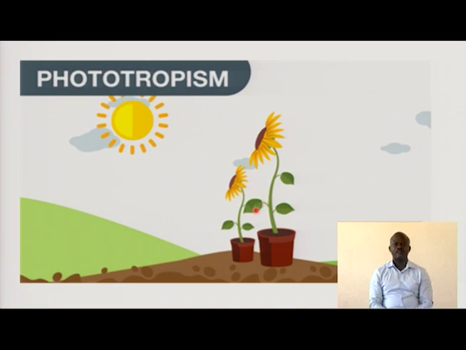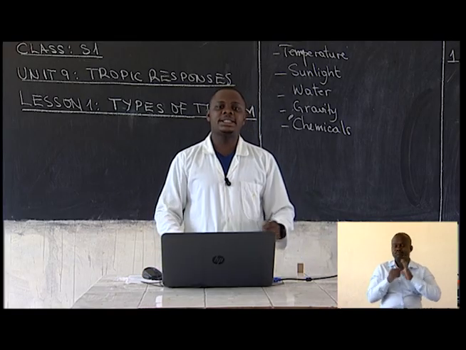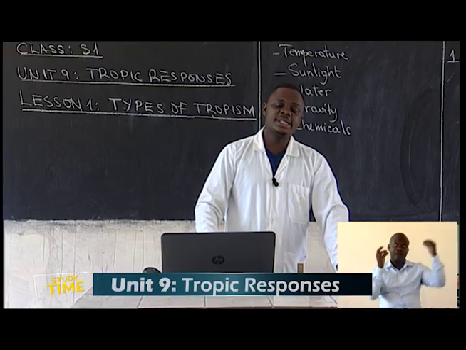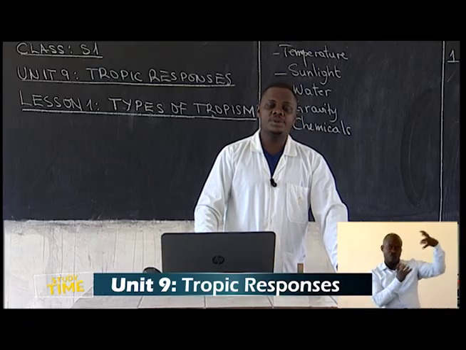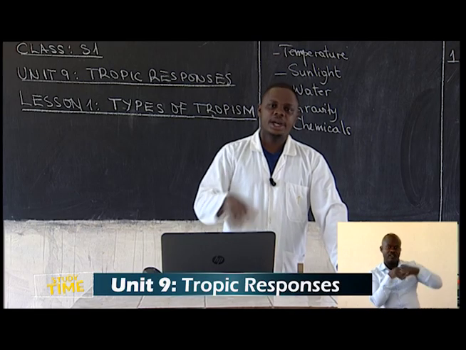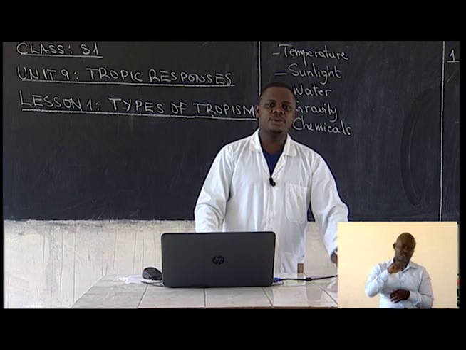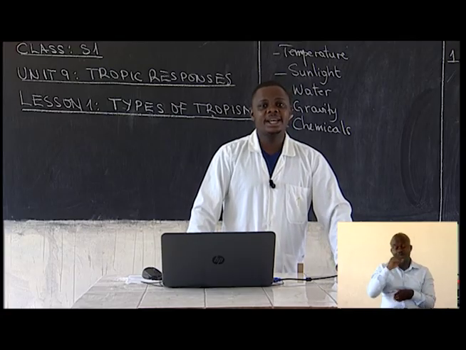So these leaves must be exposed so that they are able to absorb sunlight, which is needed in the process of photosynthesis. Remember, one of the requirements of photosynthesis is sunlight.